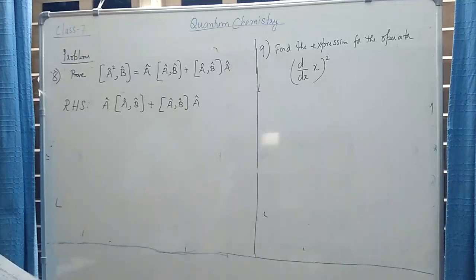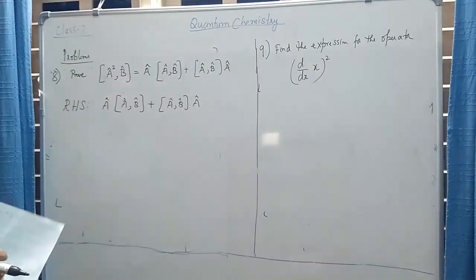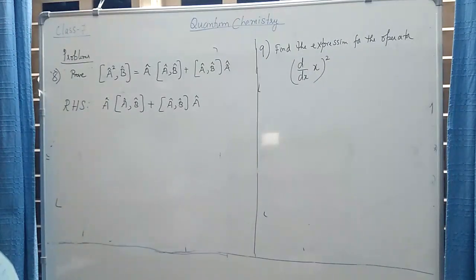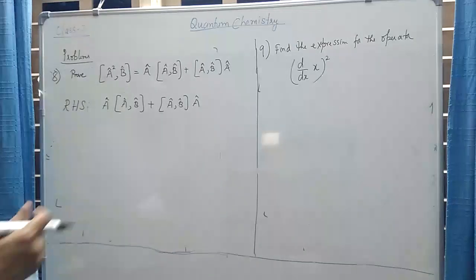So it is always better to insert some arbitrary function, and at the end you again remove that arbitrary function and you get the corresponding equation in terms of operators. So here also we can do the same thing. You can do it any other way, but if you are confident that you can work it out without the arbitrary function, you can do it.